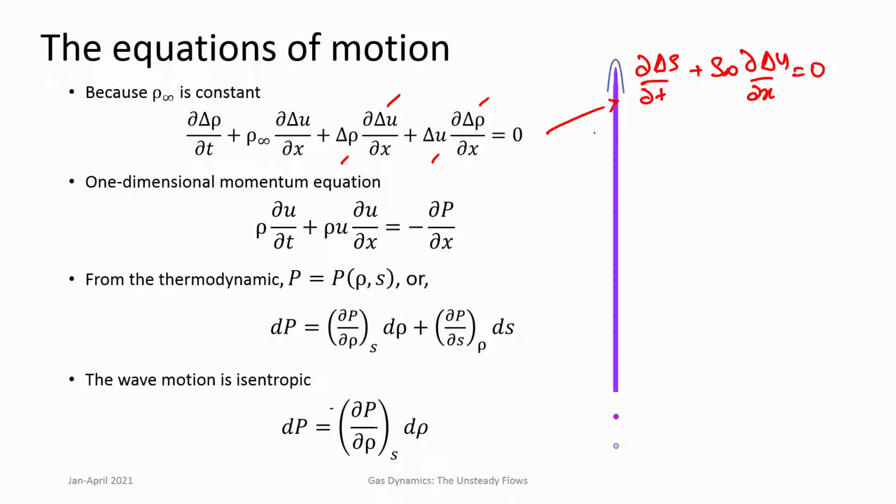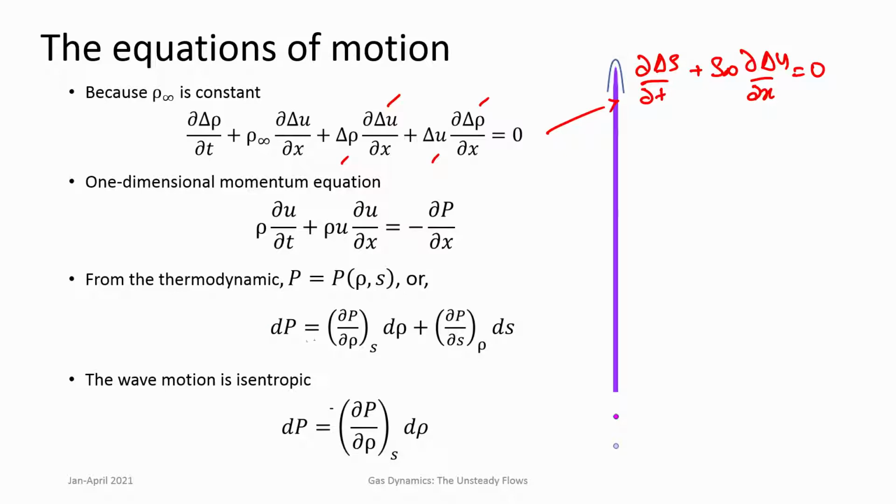Now, if you take the one dimensional momentum equation, rho ∂u/∂t plus rho u ∂u/∂x equal to minus ∂p/∂x. Now, this being an isentropic flow, pressure can be related to density. So, p is a function of rho in general; you can write p as a function of rho and s.